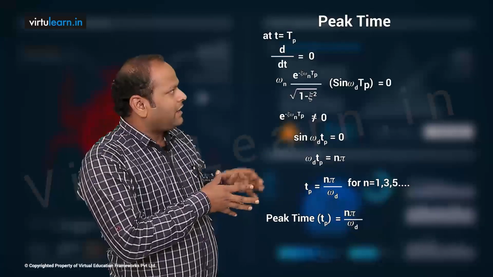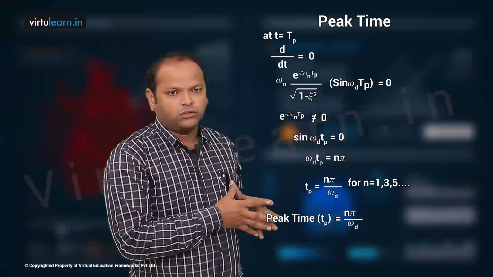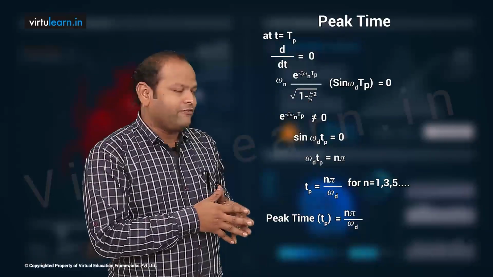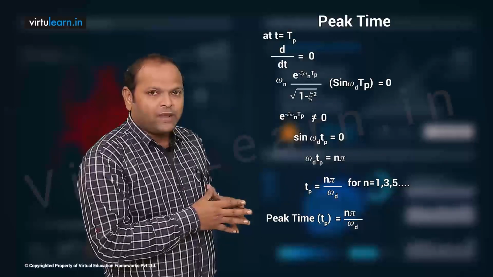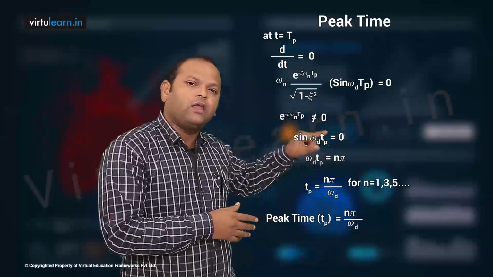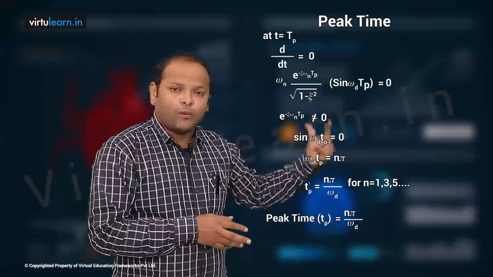Therefore, I can write it directly: sine omega d Tp is equal to 0. Now that 0 I can write as sine n pi. Now what will be the Tp? Tp is equal to n pi by omega d.